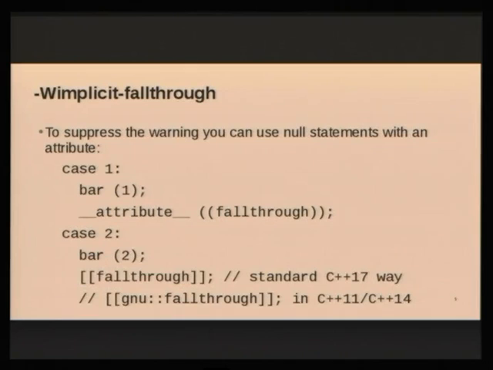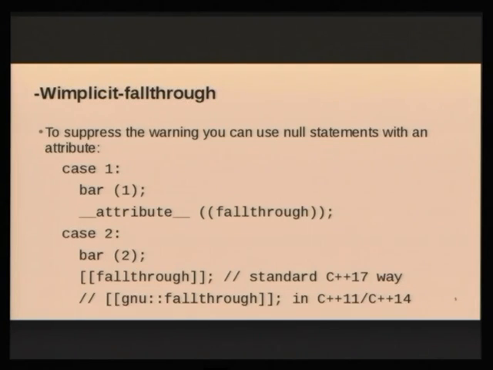Now, of course, sometimes you actually want the fall through to happen, and in that case, you need to tell the compiler that you really meant it. Think of Duff's device, where you rely on the fall through all the way down, depending on some size. In such a case, you can, in C, use a null statement with an attribute, and the attribute is fallthrough, so the compiler won't warn.